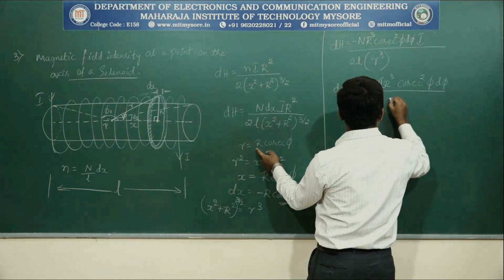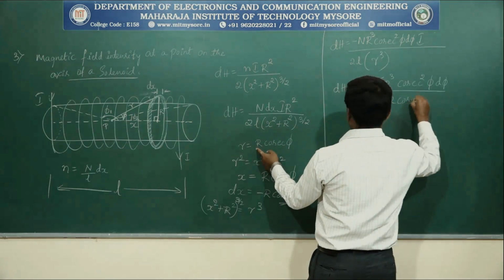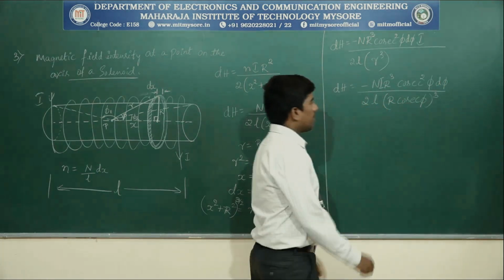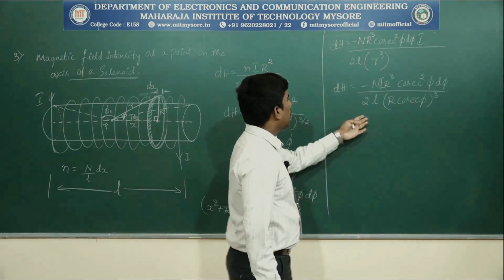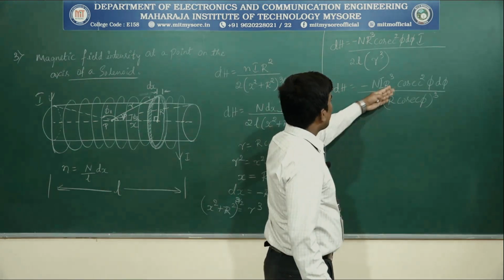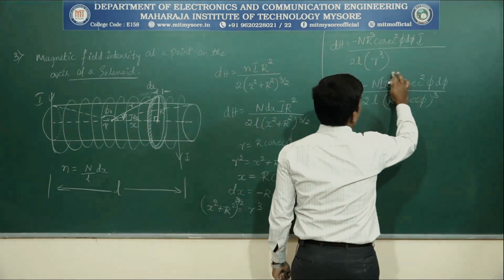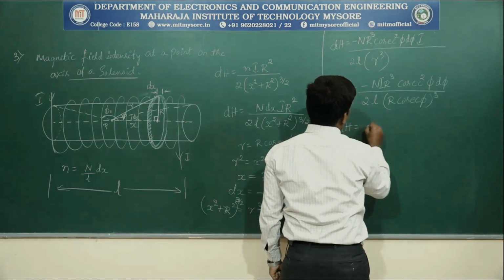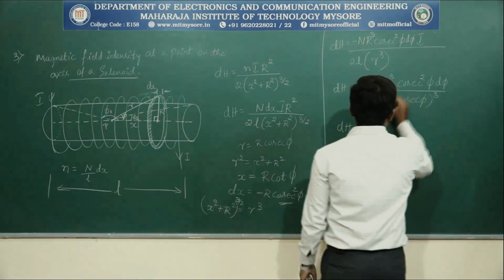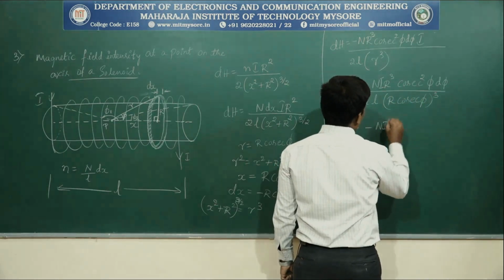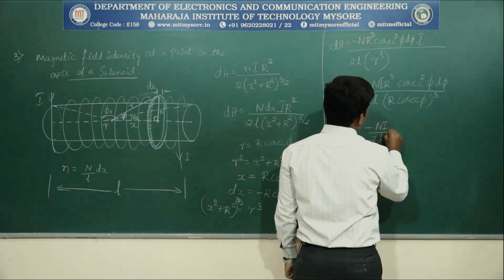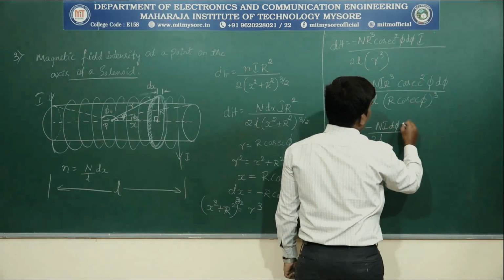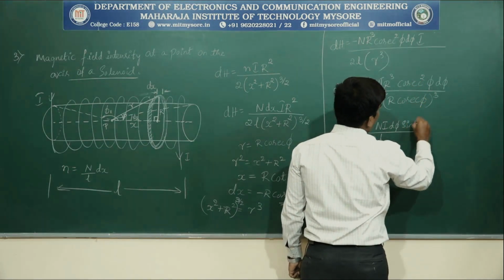R cube means (r cosecant phi) whole cube, right? R cosecant phi whole cube. What we are getting here: r square cosecant square gets cancelled, then dh is equal to minus, so r cube gets cancelled, n into I divided by 2l into d phi into 1 by cosecant phi, which can be written as sin phi, right?